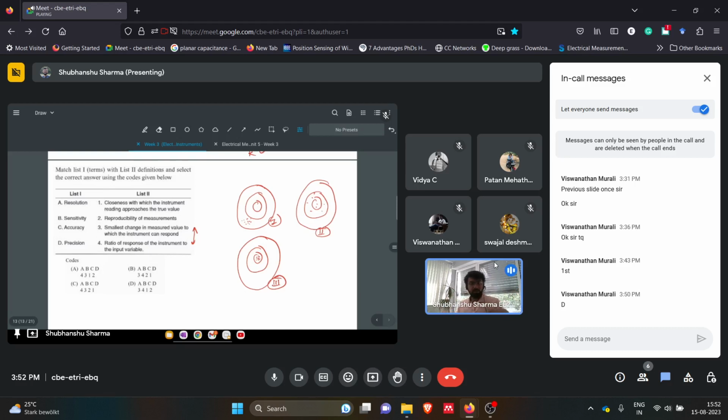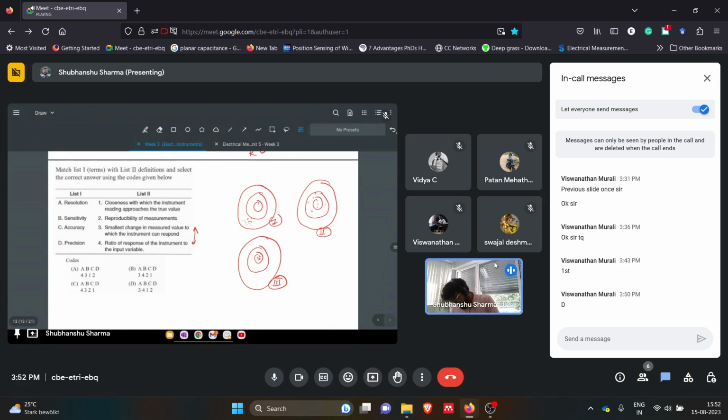And accuracy is how close your values are to the true values. Sensitivity is how well your system behaves for a small change. And resolution is how small a quantity your system can measure.